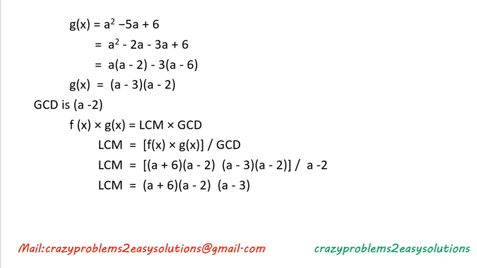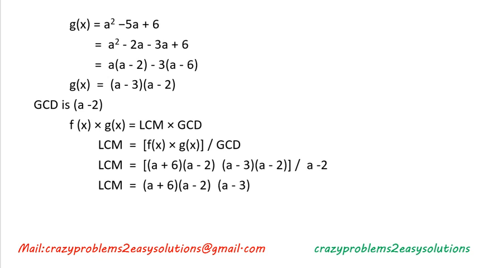Again, g of x is a square minus 5a plus 6. We do the similar method, using the splitting method. The two numbers multiply to 6 and add to 5: 3 twos are 6, and 3 plus 2 is 5.